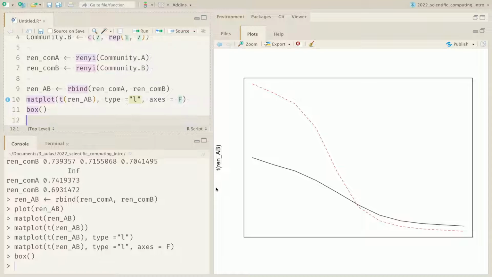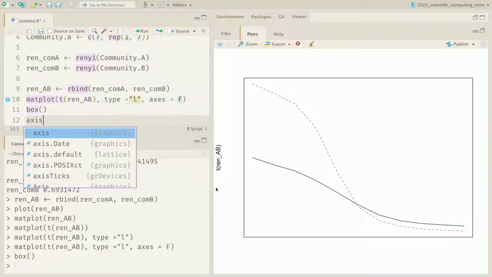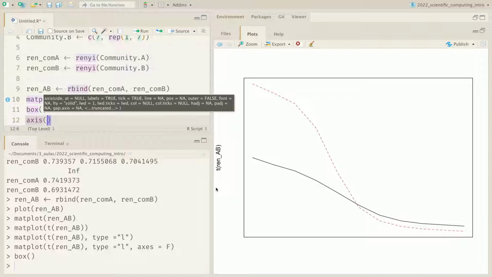And the axis, you can paint it manually. Unfortunately, because it's matplot, it's just a dumb function that will just put the index of the vector. I am not doing this in ggplot, but you would have to also tell it that the scale varies from 0 to infinite.